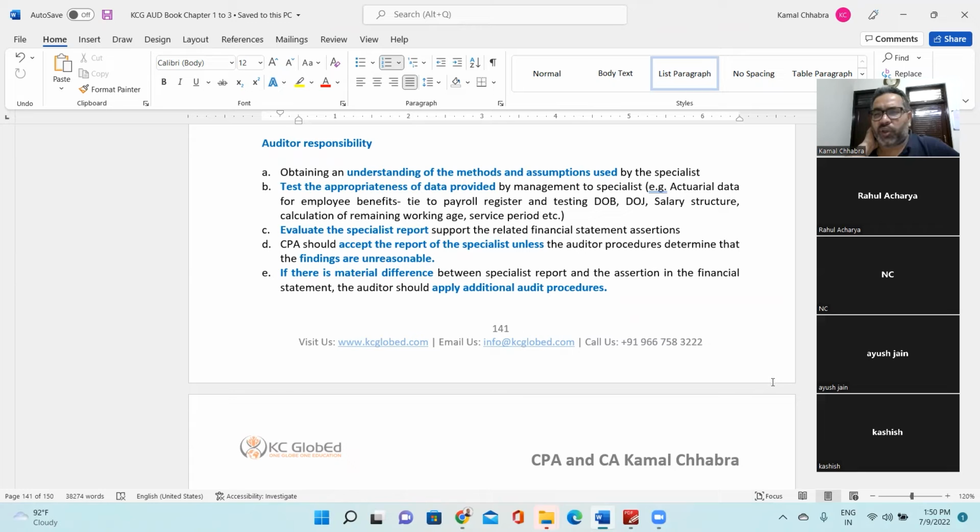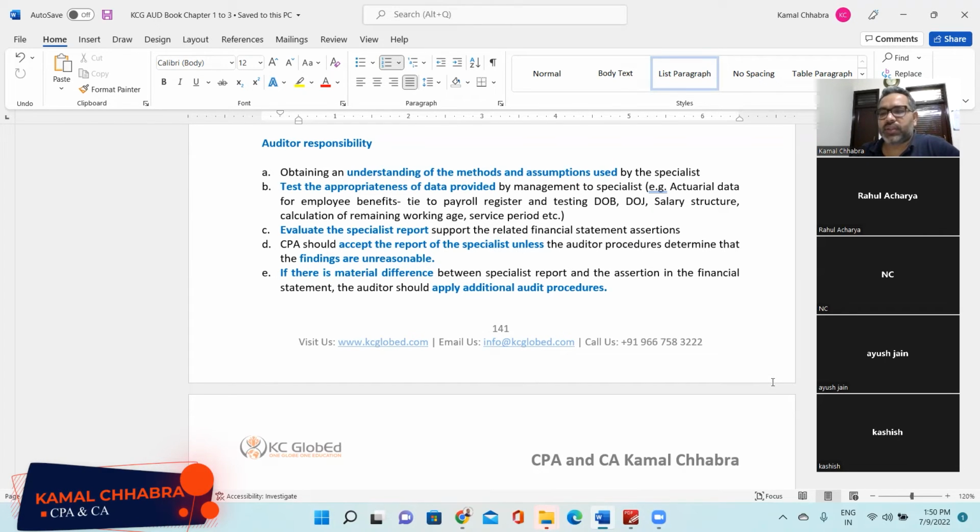And now the long-term employee benefit expense and provision, according to you, is not right. Then you need to plan and perform additional audit procedures. You may involve your own specialist, your own actuarial. And if your actuarial agrees with you, then the difference can be considered for qualification or modification. Make sense?